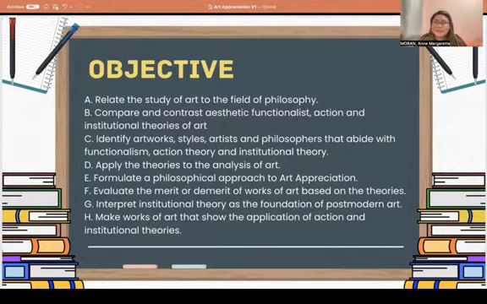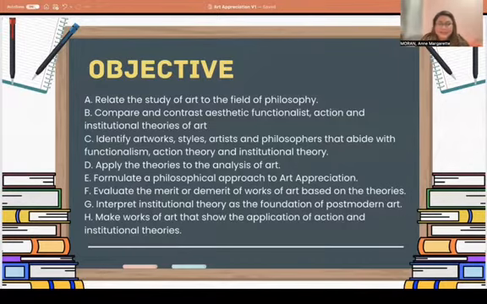Since we know more about the theories, we can validate or invalidate them by our understanding and how they are still related to the culture that we have right now. Letter G is we will be able to interpret institutional theory as the foundation of postmodern art.